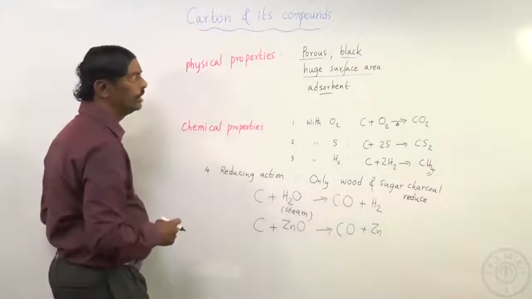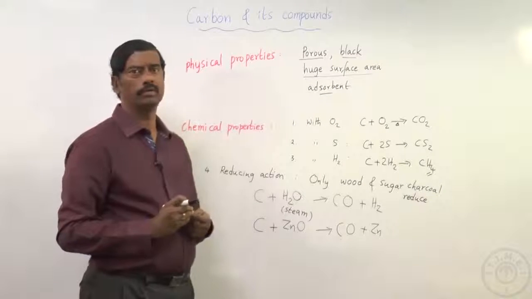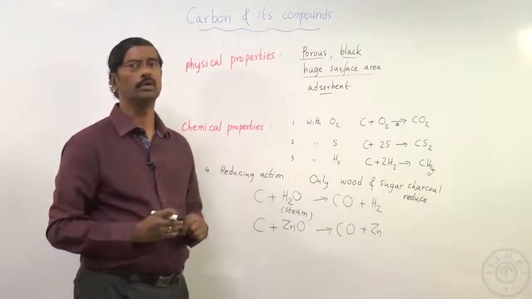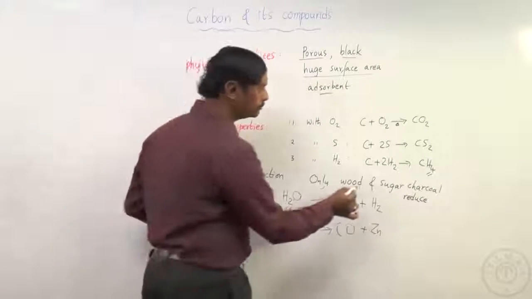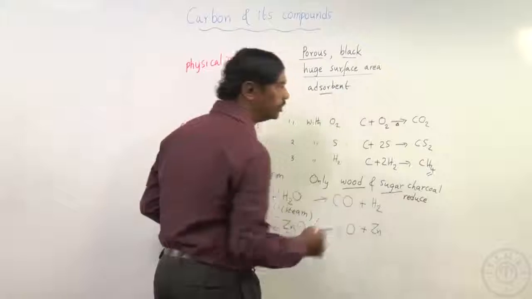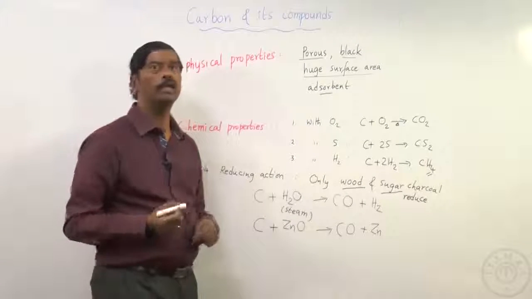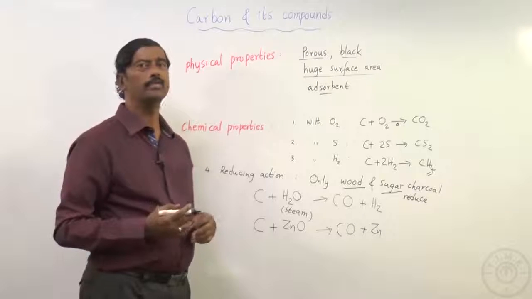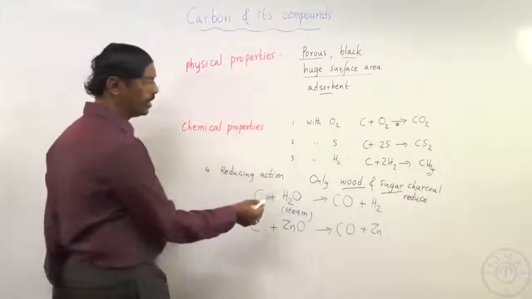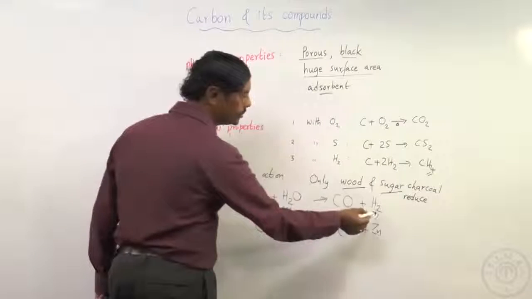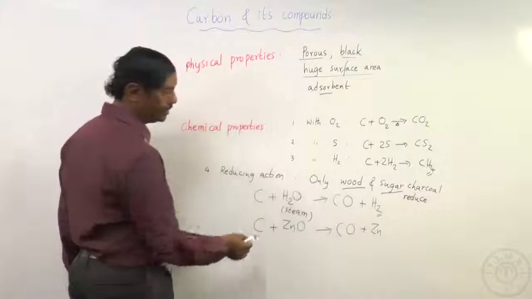Then reducing action. Bone charcoal is not used as a reducer of substances because it has a good amount of calcium phosphate content, and therefore we use only wood charcoal or sugar charcoal. Now, wood or sugar charcoal, because it is carbon, can get oxidized. Once carbon gets oxidized, it can function as a reducing agent. So it is going to reduce steam to hydrogen by absorbing the oxygen part.